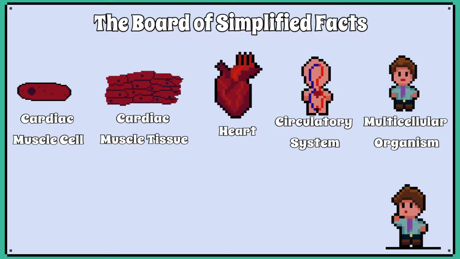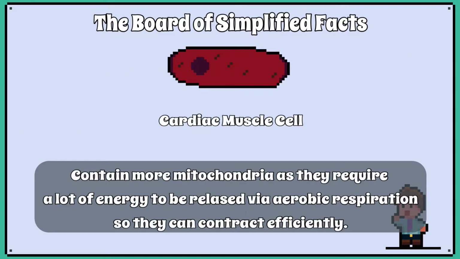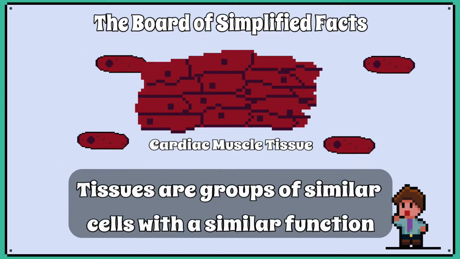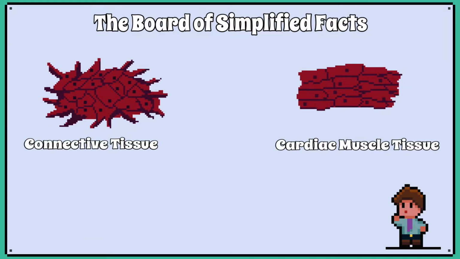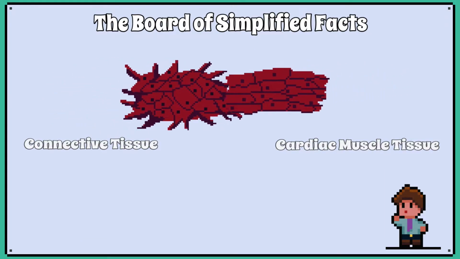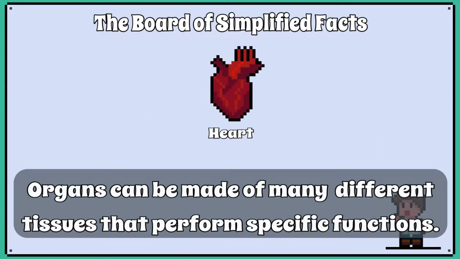You have to learn this order of organization. Let's take a specialized cardiac muscle cell. When you have a collection of these, they form a tissue. Tissues are groups of similar cells with a similar function. Then, with other tissues, they form an organ, and in this case, it is the heart. Organs can be made of many tissues that perform specific functions.